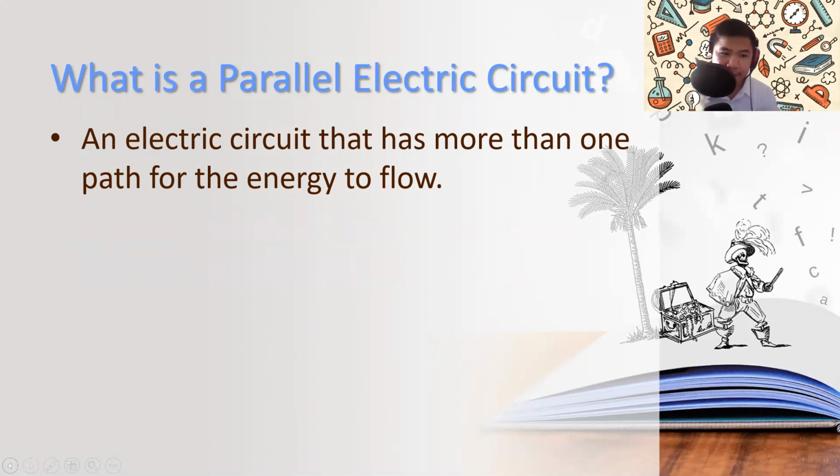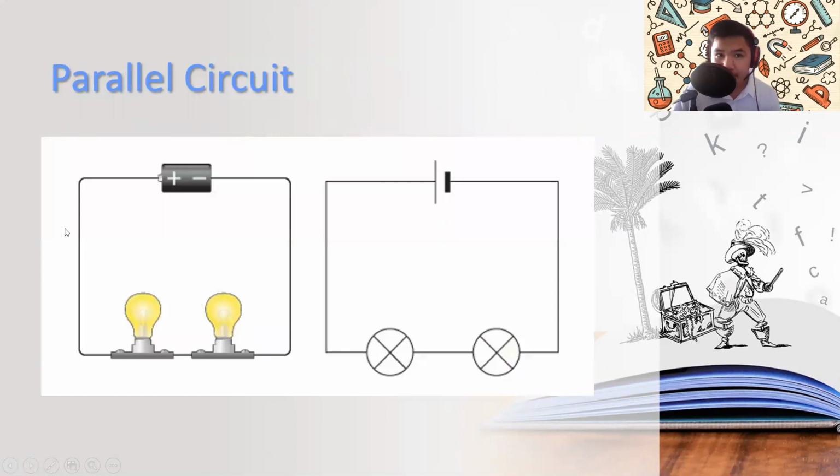Let's go back a little bit so you can see something. Let's say this bulb has, this terminal has like 10 volts. For example, if this one uses energy, let's say it uses 2 volts, this one will have 8 volts left.